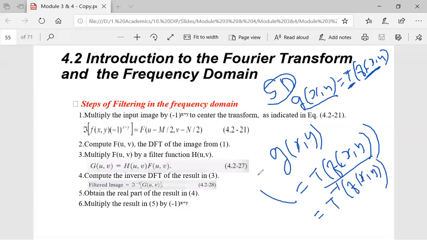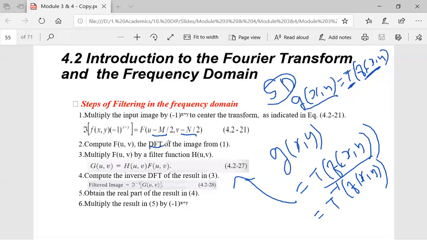Now compare this with these steps. Here you are multiplying with (-1)^(x+y) to get the distribution. The distribution is given as F(u - M/2, v - N/2). You need to compute the discrete Fourier transformation for this first step, that is F(u,v).